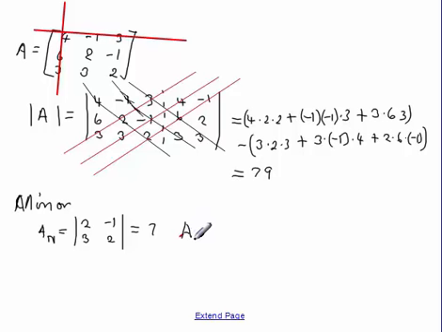Then I go 1, 2. Look how beautiful that is. Then whatever is not dropped, I capture the determinant, which is 6. And that's 12 plus 3, that's 15. Then I go A 1, 3.